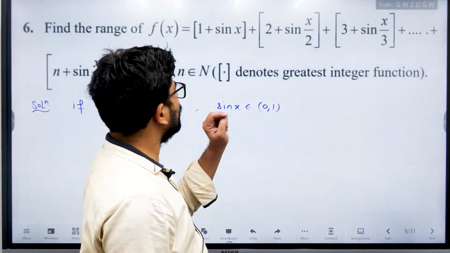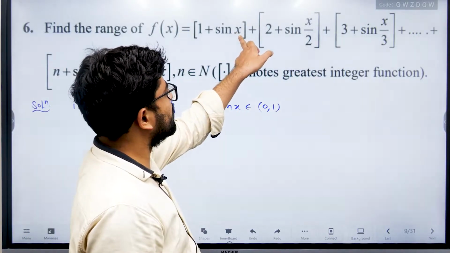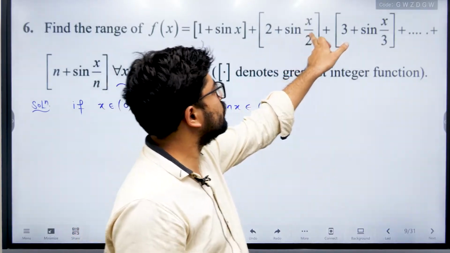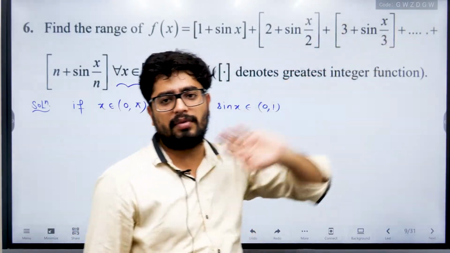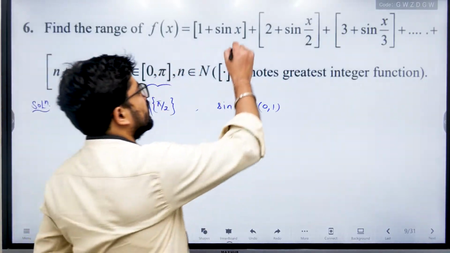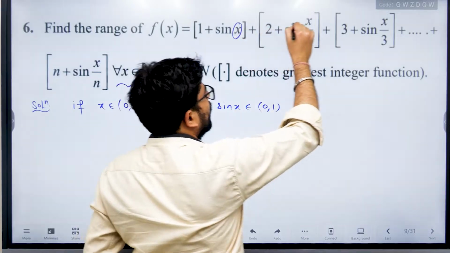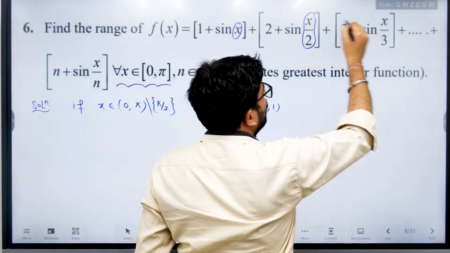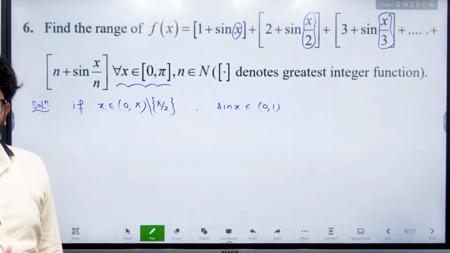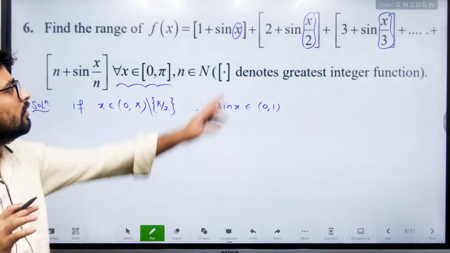If sin x is in (0, 1) and x is in 0 to pi except pi by 2, then x by 2, x by 3 and so on are always greater than 0 and less than pi by 2.